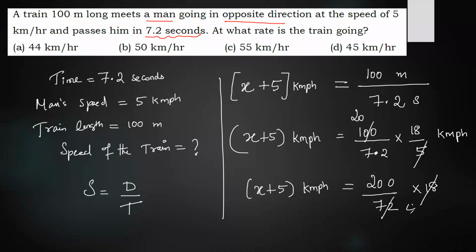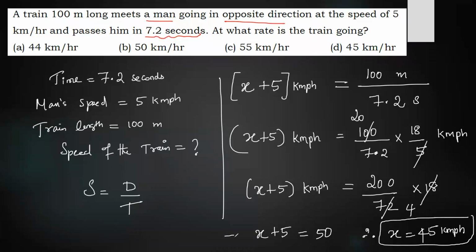Or else you can multiply both numerator and denominator by 10, since we get a decimal. You will get 200 by 72. We divide it, we get x plus 5 as 50. Therefore x equals 45 kilometer per hour.